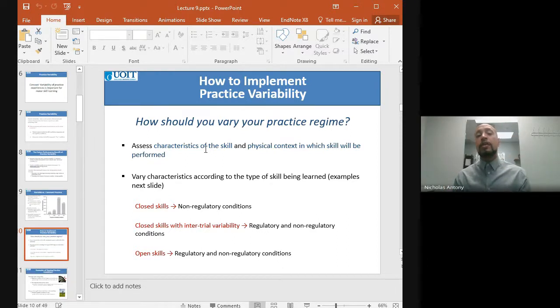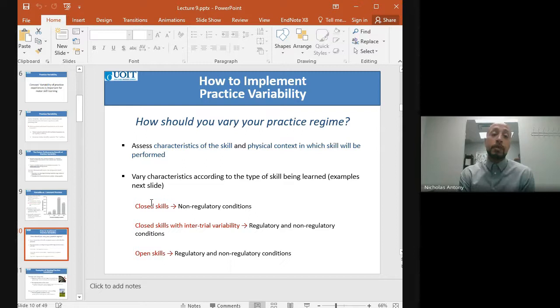So you want to assess the characteristics of the skill in the physical context where it is. Remember, the two things that you can alter to introduce variability are the movements or the environment. So you want to look at those factors or those variables, and then consider what kind of skill you're wanting to teach to figure out what you should alter to introduce variability.